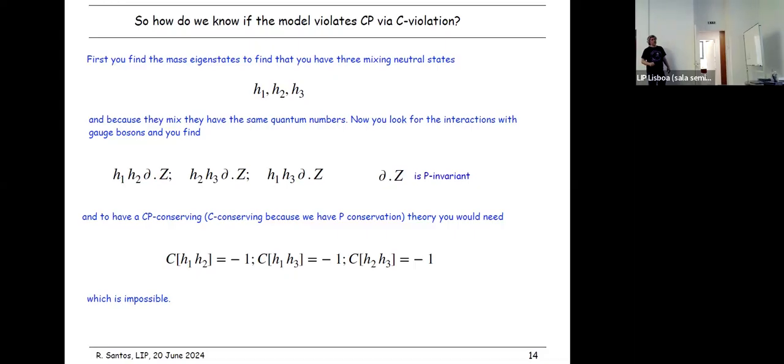The C of H1, H3 had to be -1, and the C of H2, H3 had to be -1 as well. And of course, this is impossible. So if you look at the Lagrangian and you see that these vertices are present, you will conclude that the model is CP violating in the scalar sector. We've not started with the fermions yet.